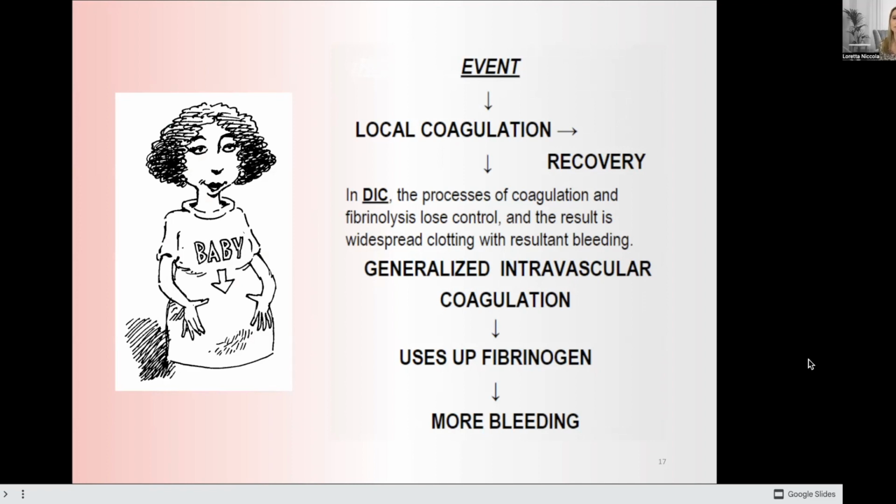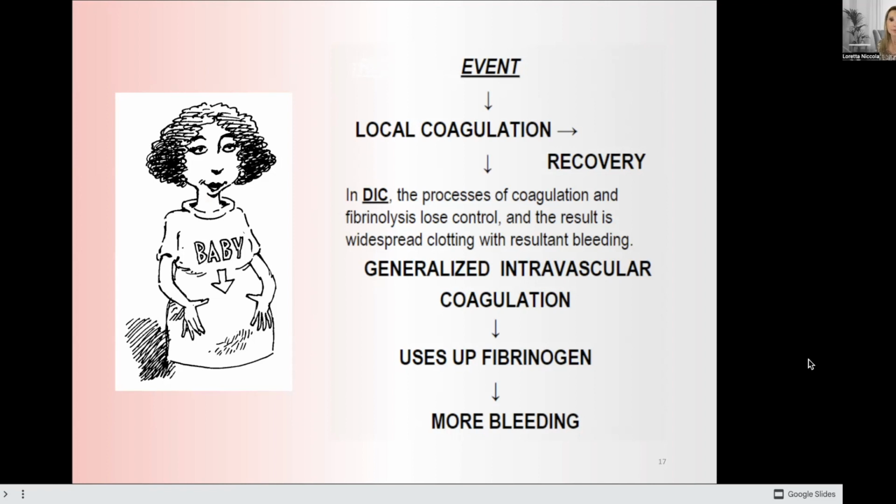The result goes into just widespread bleeding all over mom's body. With that bleeding, the body says, okay, let's send out the troops, send out coagulation factors and stop the bleeding. So what happens is it sends out too many troops. Okay, you got to keep a reserve. It sends out too many troops.